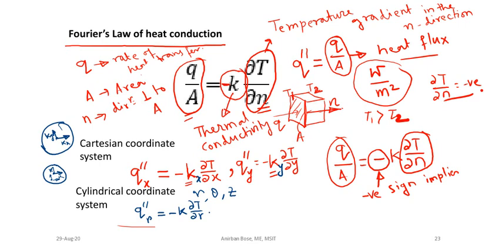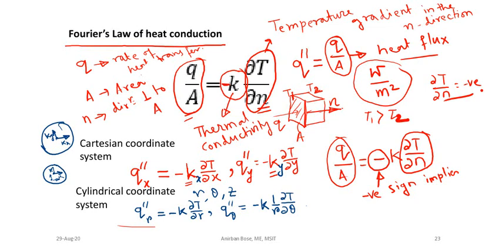Let us consider isotropic again. q theta is equal to minus K into del T. If we write del theta, then definitely you can understand the temperature gradient unit is not going to match, so it is r del theta.